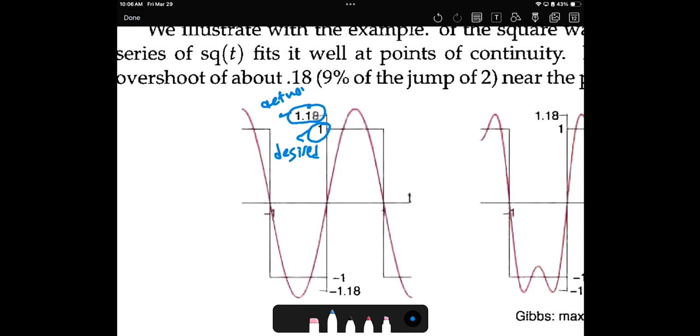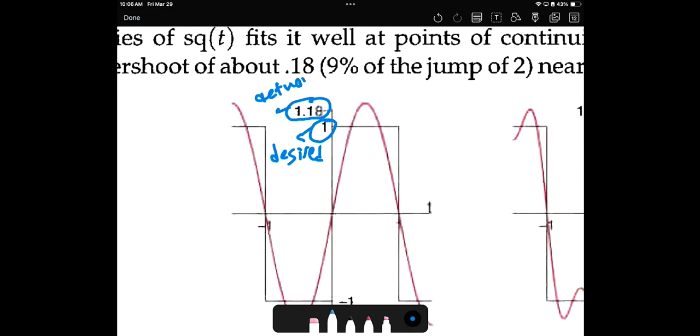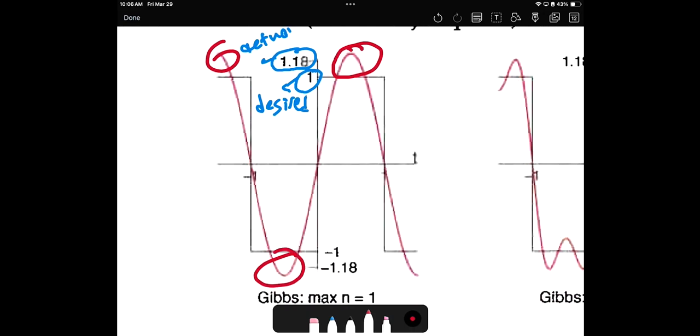Like here, 1.8 minus 1, divided by 2, gives 9%. So this 9% change that's going on is an error. We can consider it an error, or we can call it an overshoot. It's something undesired, which is that peak here, and this peak here. That's called overshoot because it goes higher than what I want. If it goes to a certain value higher than what I want, this is called overshoot.